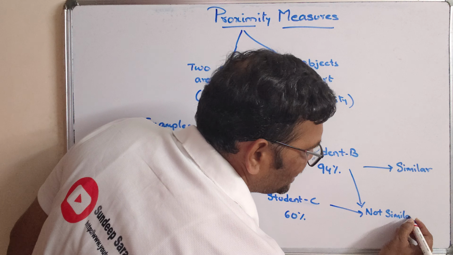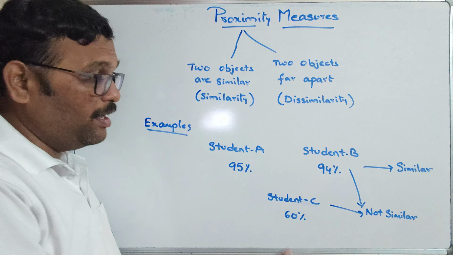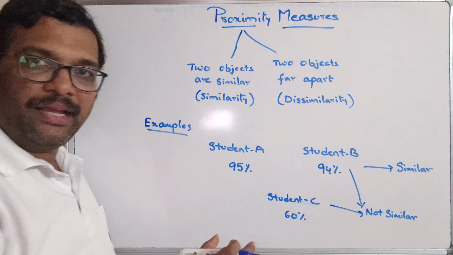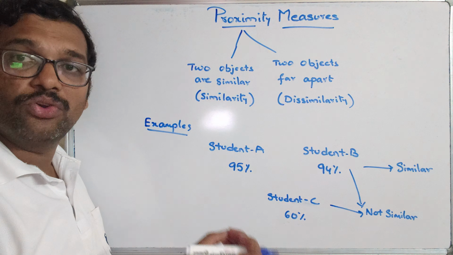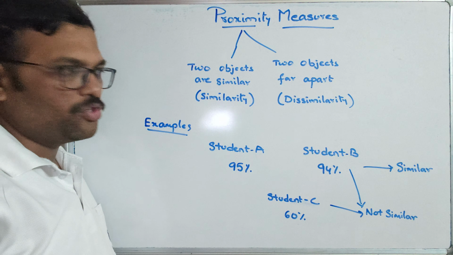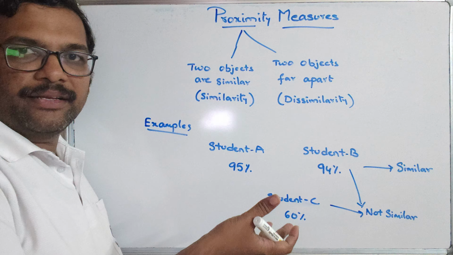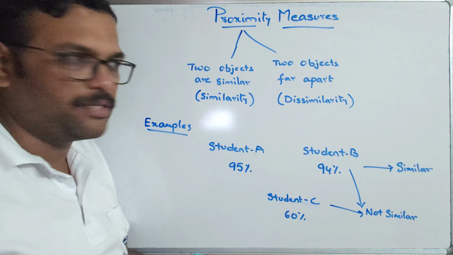So from this result, we can say student A and student B are fast learners and student C is a slow learner when compared to student A and student B. So here we are comparing and we are deciding. This kind of process we call proximity measures.